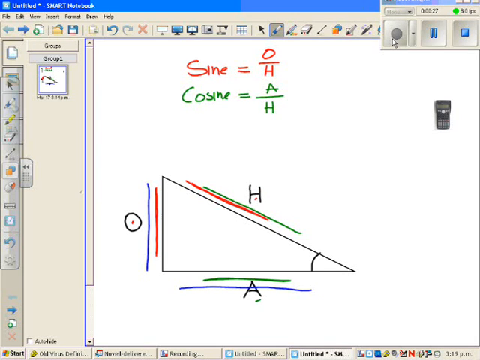So we're going to compare the adjacent with the hypotenuse in that ratio, and the last ratio is called tangent, and that ratio is the opposite over the adjacent. So we're going to compare the opposite divided by the adjacent.